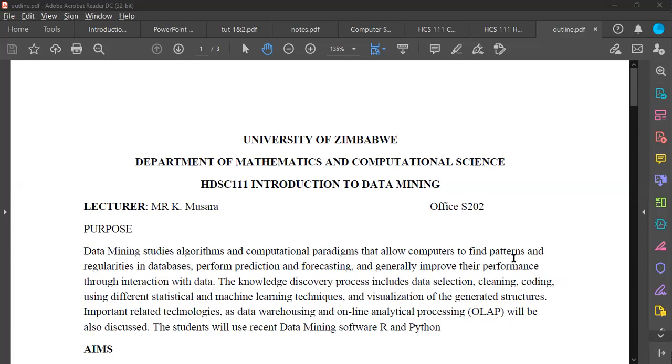Now he is borrowing some courses that are being done by data science students, and those courses are more statistical and more mathematical.